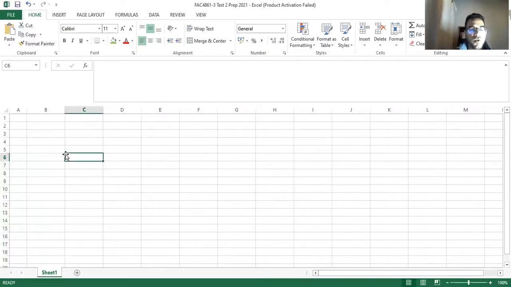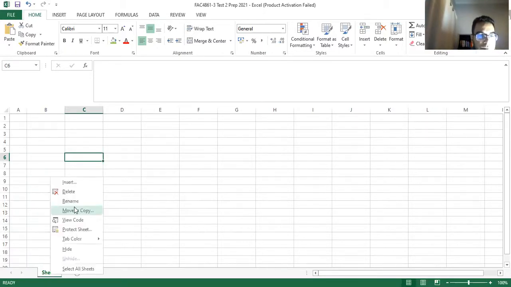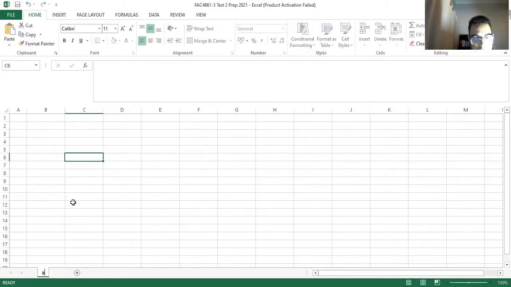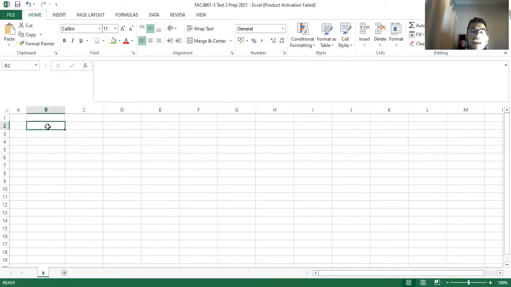Okay, so let's do part A. For part A, they asked us for journal entries to account for the disposal of the investment in Nakamoto bonds. We know that it is correctly classified at amortized cost. So we are in the financial year 1 January 2017 to 31 December 2017.